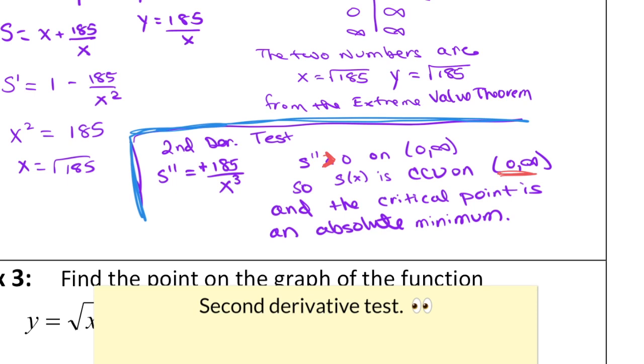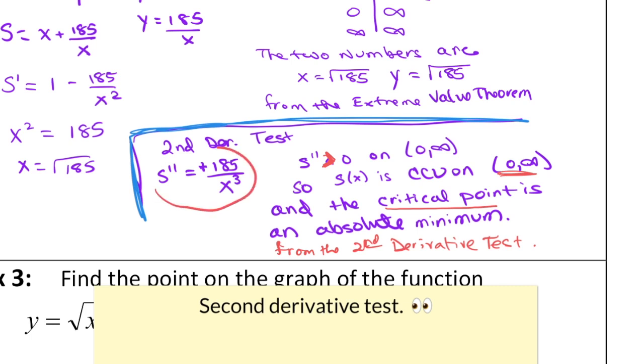I'm very specific about naming the domain for which this function is concave up. And if it is concave up on that domain, the critical point is an absolute minimum from the second derivative test. So this is a different way to show that you have an absolute min or max for your problem.